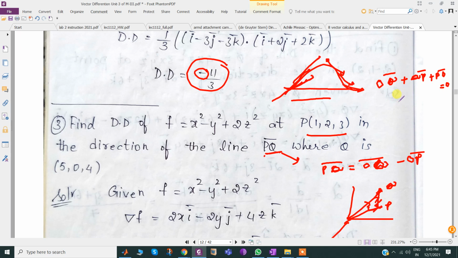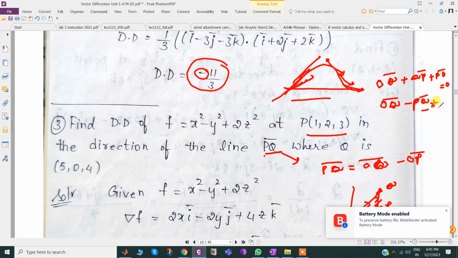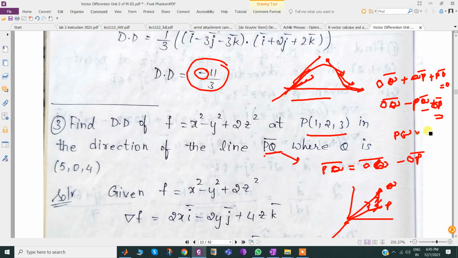Then further I may write QP bar as minus PQ bar, so OQ bar minus PQ bar plus PO bar as minus OP bar, minus OP bar equal to 0. So from this, PQ bar is equal to OQ bar minus OP bar. This is the logic behind this. I am not creating it on my own. That is the logic behind this. That is the triangular law.